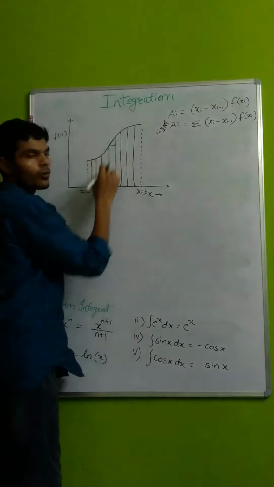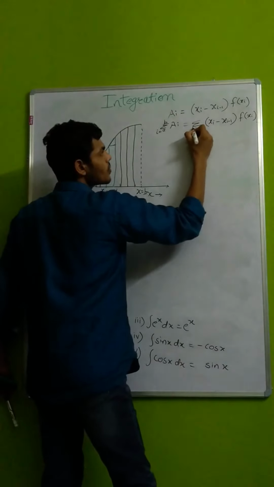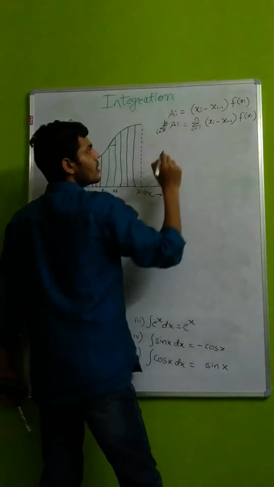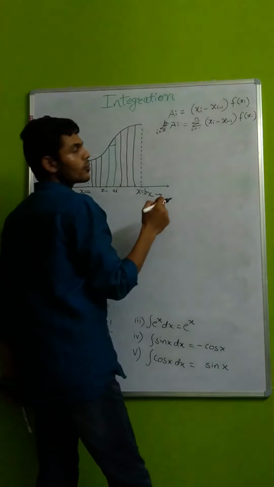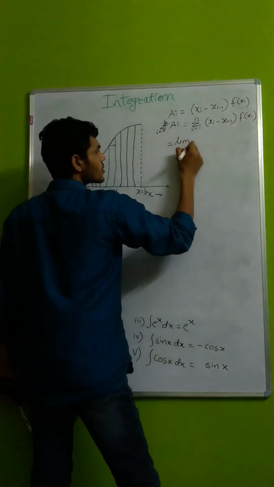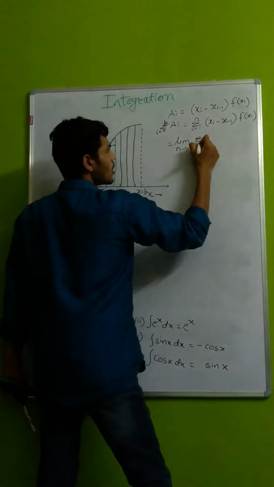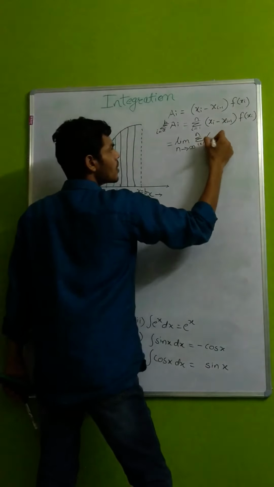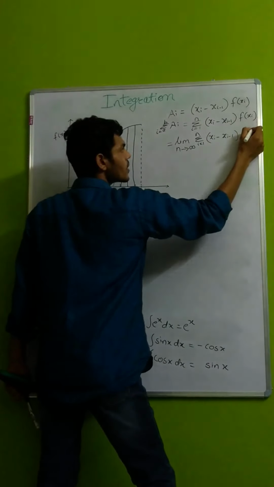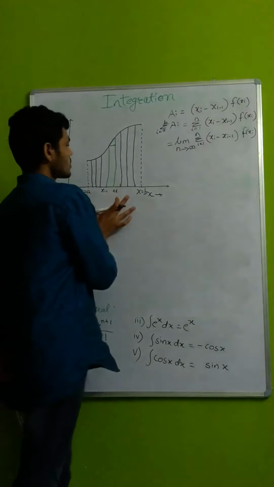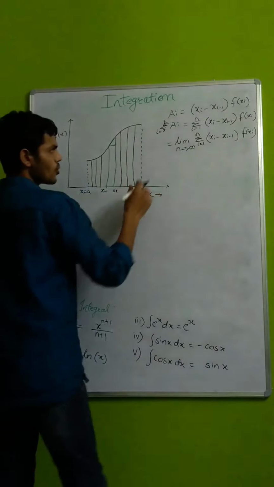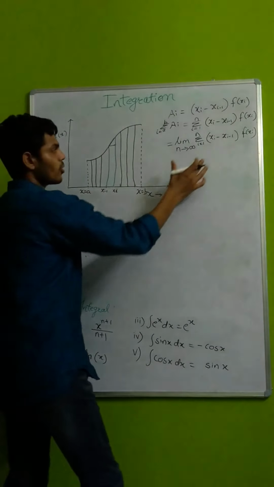So we'll name this i as i equal to 1 to n, and now n will be tending to infinity. So we will apply limit n tends to infinity, summation i equal to 1 to n of xi minus 1 into f of xi. So this is very logical because integration is basically adding the area of small rectangles. So we get the final area under the curve.